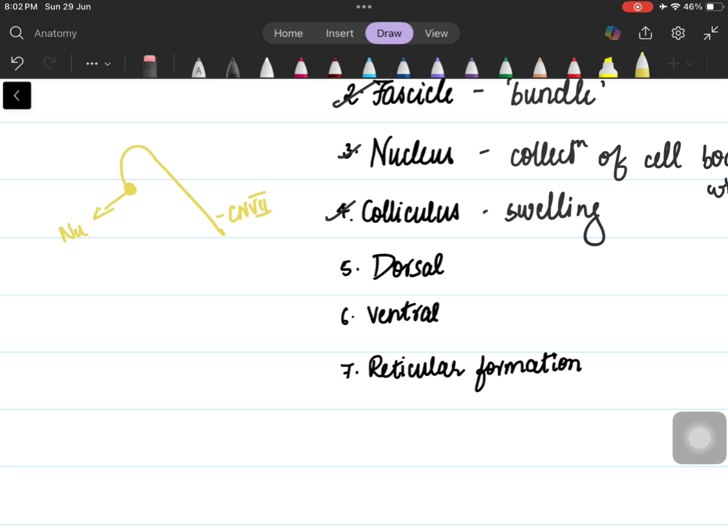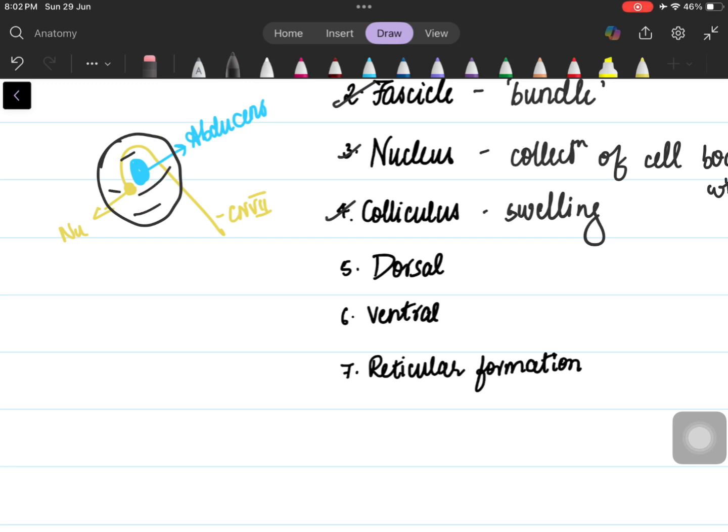And this is situated somewhere in the pons. So the 7th cranial nerve goes and hooks around the abducens nucleus. So this structure in blue is abducens. And externally, this whole thing forms a sort of bulge or a swelling.